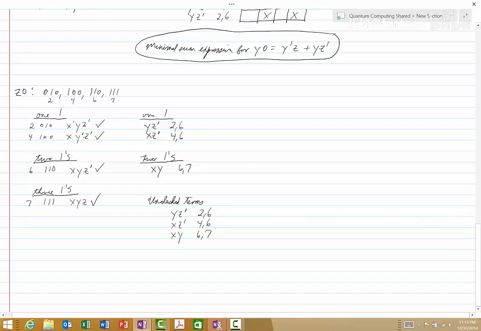Those are our vertically arranged terms, and our horizontally arranged terms must be 2, 4, 6, and 7. So the check marks fall in this fashion.